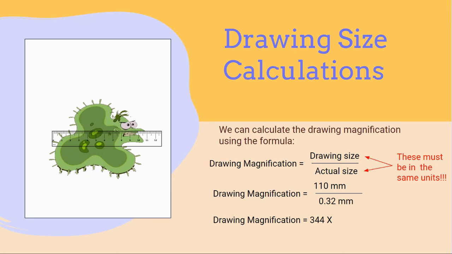So I changed it to 110, because there are 10 millimeters in 1 centimeter. Anyways, so 110 millimeters divided by 0.32. And that tells me that I magnified my drawing 344 times.